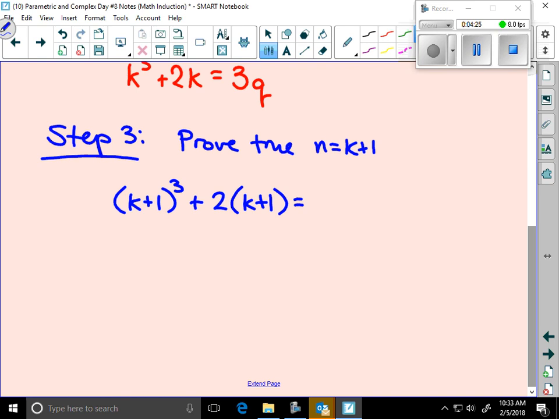And I want to show it's equal to 3 times, let's give another letter here. V, B, that looks like a 6. M is in manly, Mancy, I don't know.